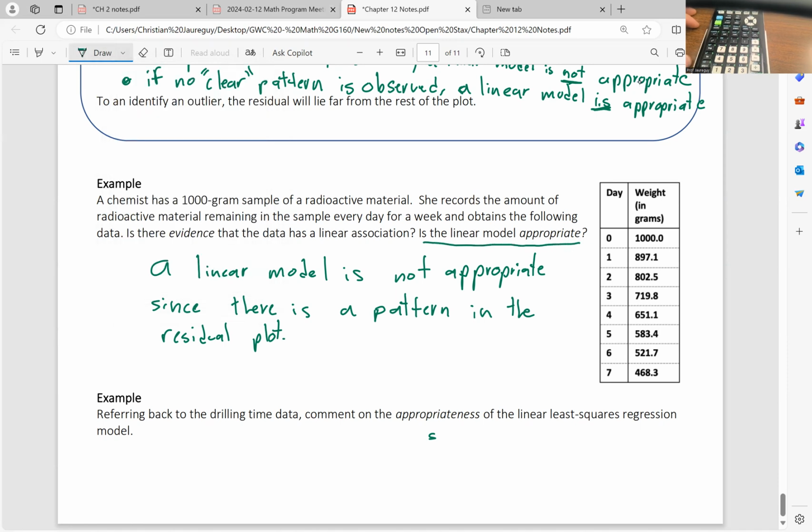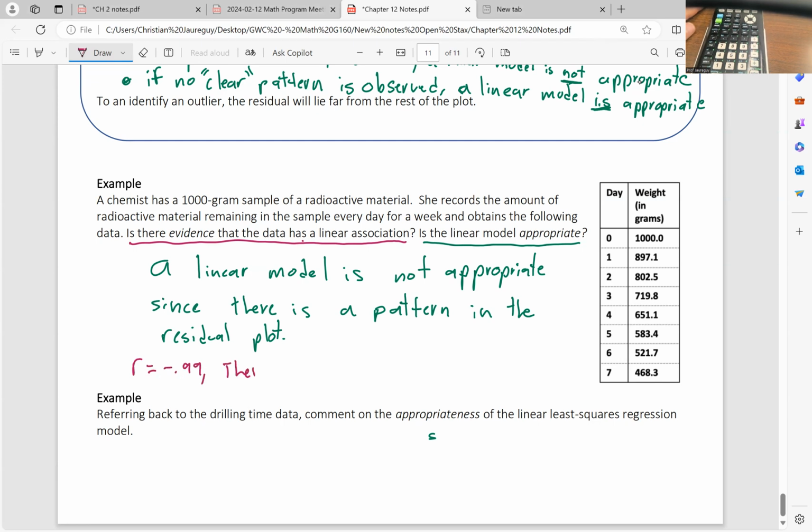Is the linear model appropriate? Now notice there was another question. Is there evidence that the data has a linear association? Yes, there most certainly is. Remember, when I ran LinReg, and I'm double checking it right now, I got an R value of negative 0.99. R equals negative 0.99.